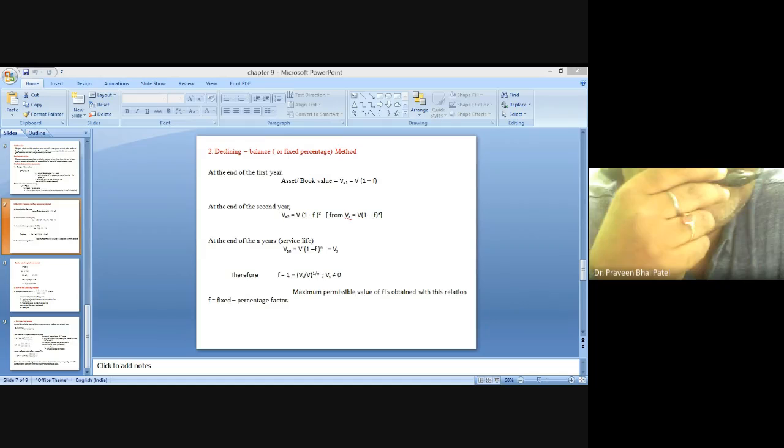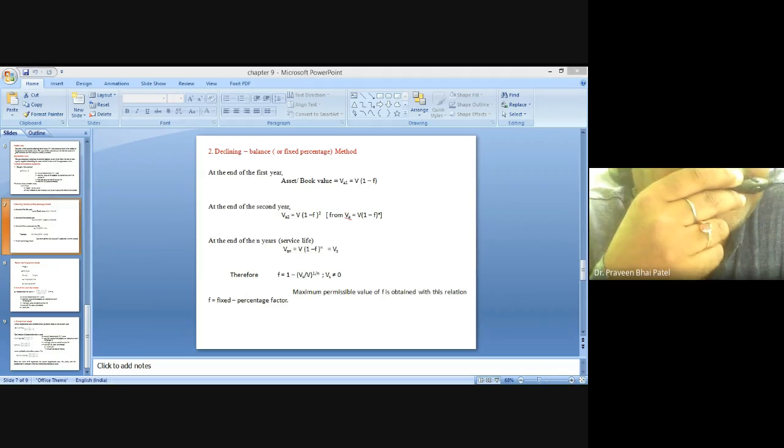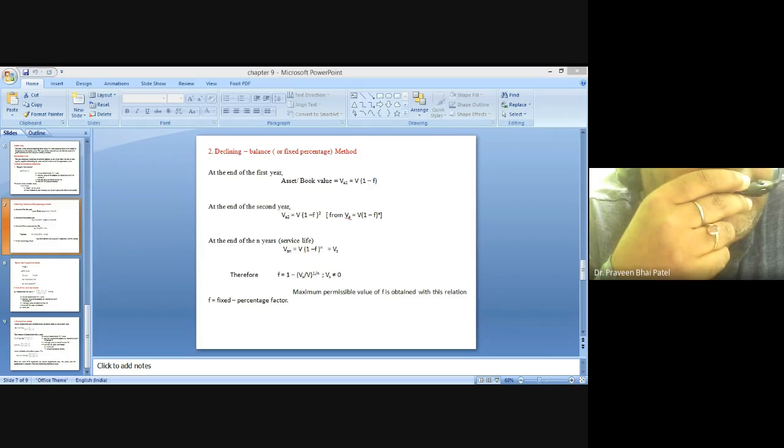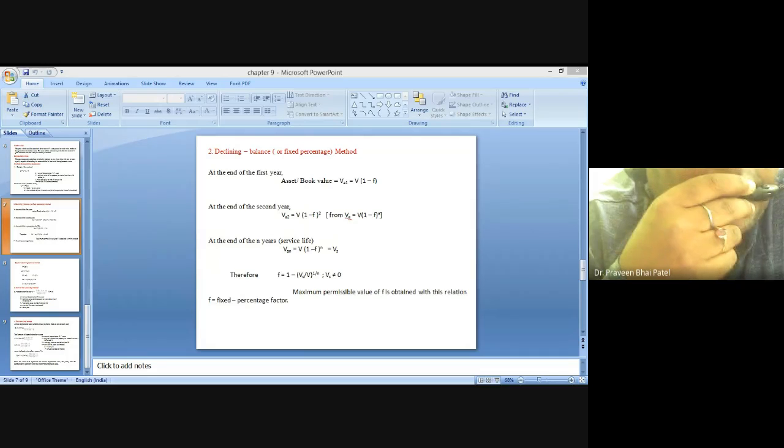The second factor is that the straight line basis does not account for the accelerated loss of asset value in the short term, nor does it account for the fact that it will cost more to maintain as it grows older.